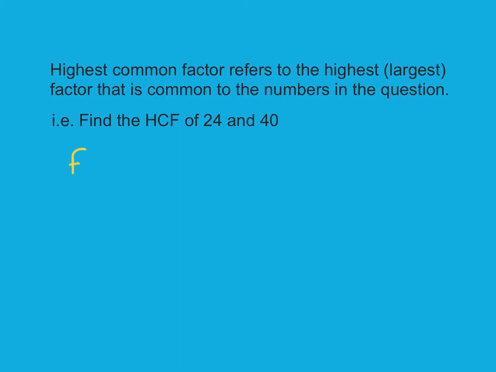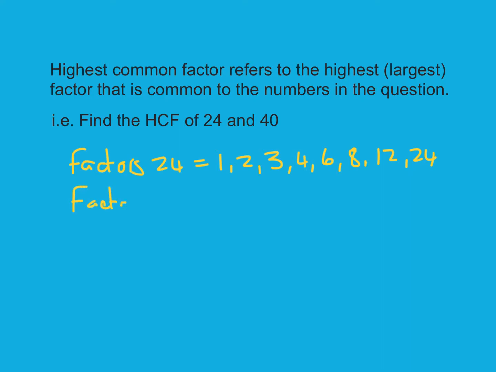Alright, well the factors for 24 equal 1, 2, 3, 4, 6, 8, 12 and 24. Right, so those are all the factors for 24. What about the factors for 40?